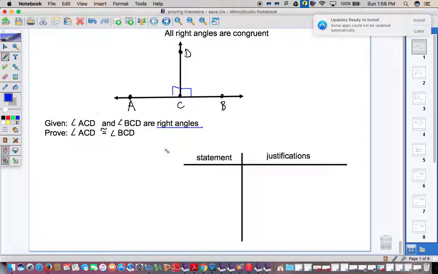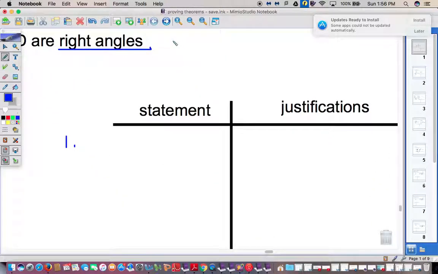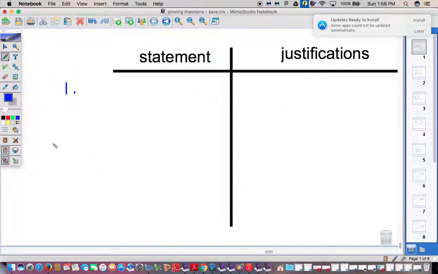Our first statement is, I'm going to zoom in a little bit, makes it easier to write, that angle ACD is a right angle, and my justification here is that this is given.